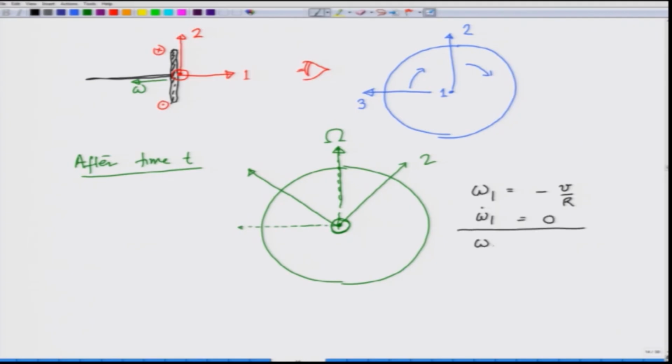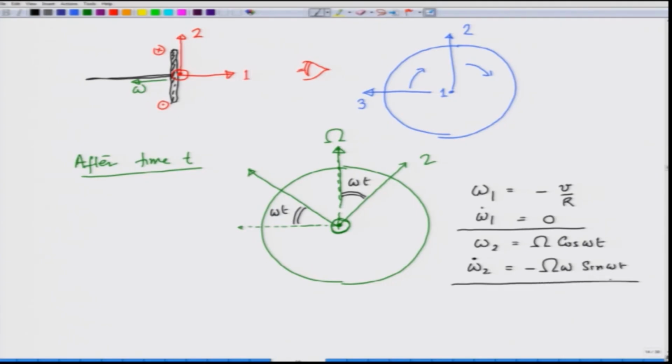Omega 2 now is going to be time dependent, and since I will show the angle out here, this is omega t and this is omega t. Omega 2 is going to be equal to capital omega cosine of omega t, and omega 2 dot therefore is going to be equal to minus capital omega times omega sine of omega t.